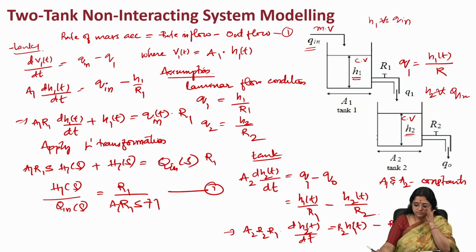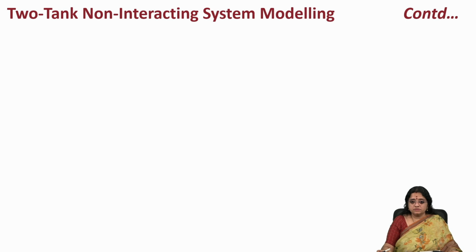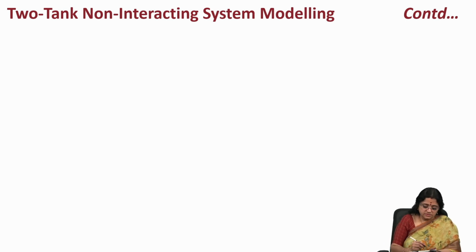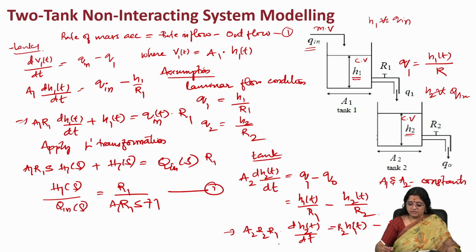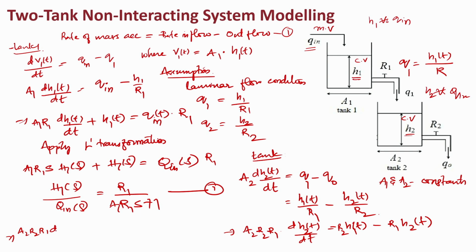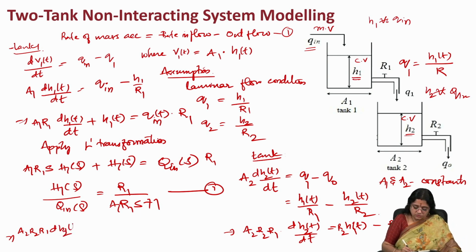So now we can move to the next slide and we'll continue solving this. So this becomes, we can observe this one here, A2 R2 R1, I can write this way, bringing all the H1 H2 terms to the left.